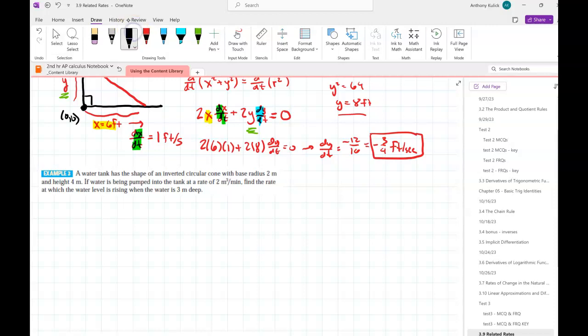Who needs a picture for this one, right? So what do we mean by an inverted circular cone? We mean an ice cream cone, right? Because that's not the technical term for it, and they want to make it harder for you.